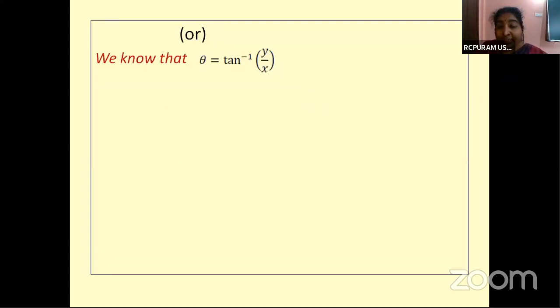Now, we know that theta is equal to tan inverse y by x, isn't it? So argument of Z1, directly we will take as theta 1. Then theta 1 will be tan inverse of y by x. What is my y over there? Y is 0 and x is minus 1. So theta 1 is equal to tan inverse of 0 by minus 1.